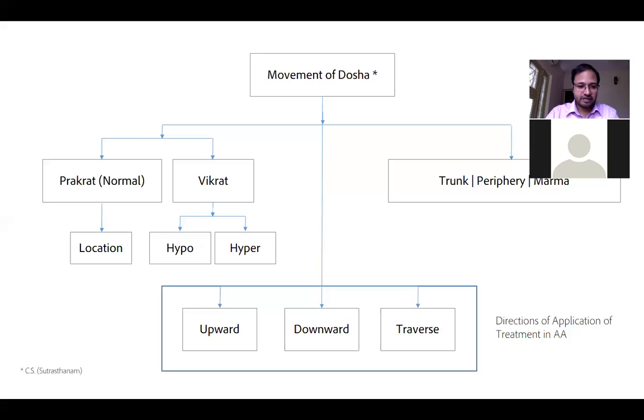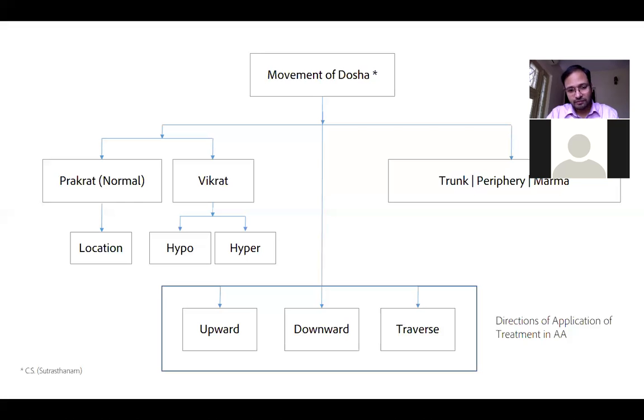Here what we are interested in is the movement of dosha and the direction. So Charaka Samhita describes that there are three directions in which the doshas can move in the human body. So one is upwards, which can be considered as vertical. One is downwards, which is also vertical. Another is transverse, right?